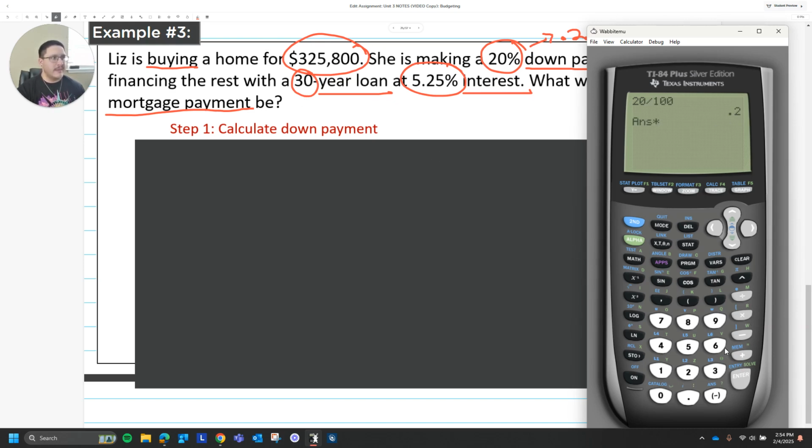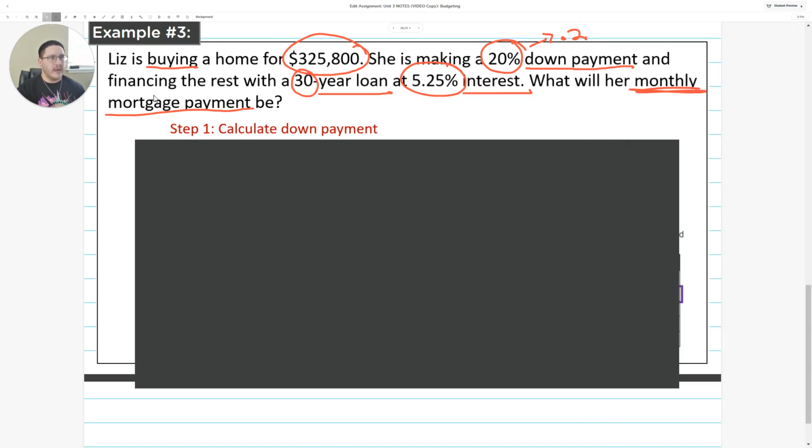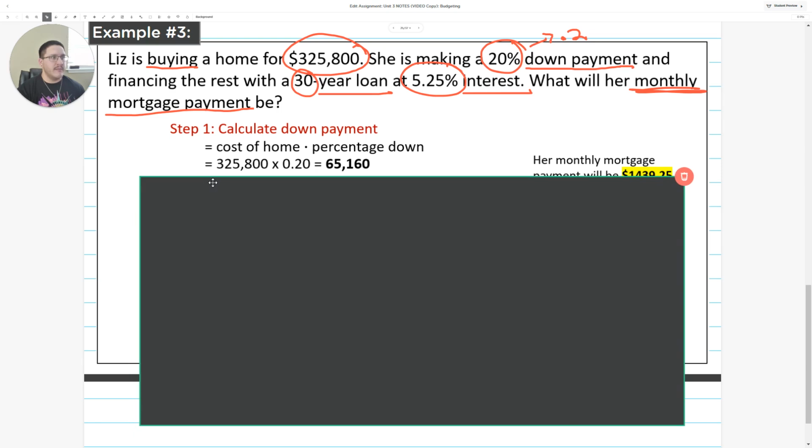So 0.2 times 325,800, which will be about $65,160. So that is the down payment being made, the money up front to pay for the house, which will also be taken away from the total price.